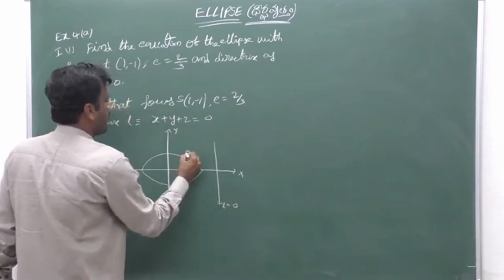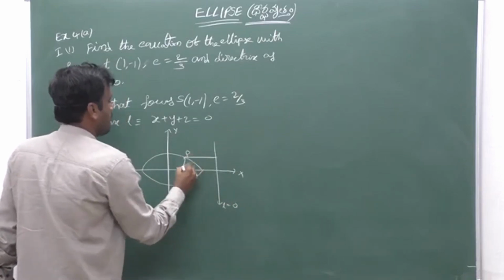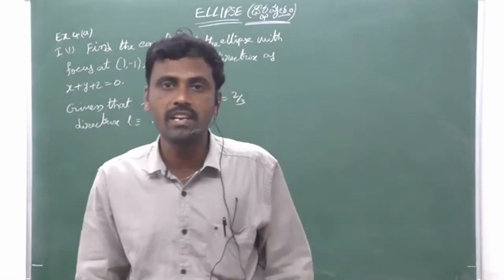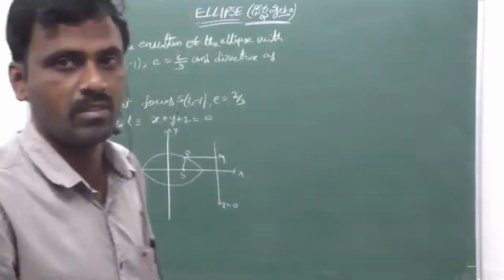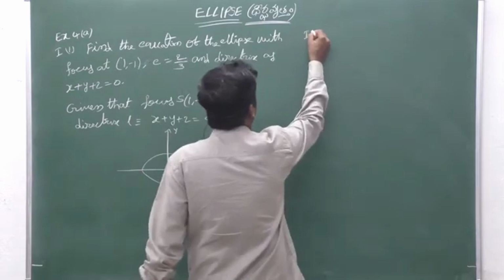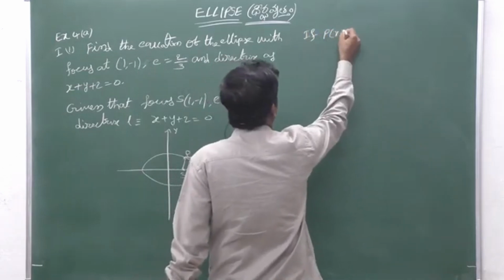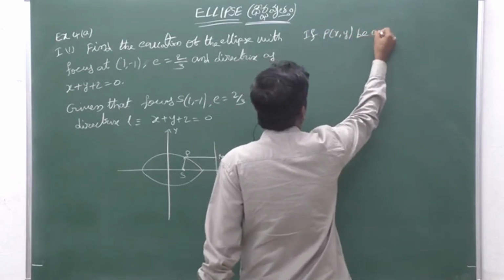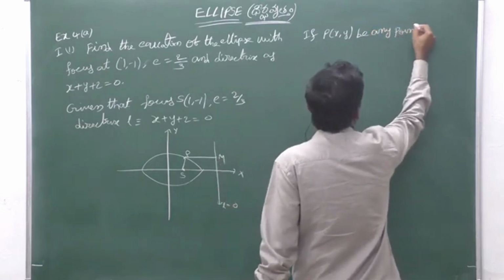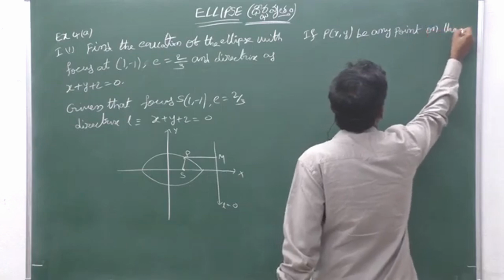If P is any point on the ellipse, P(x, y), be any point on the locus in the ellipse.